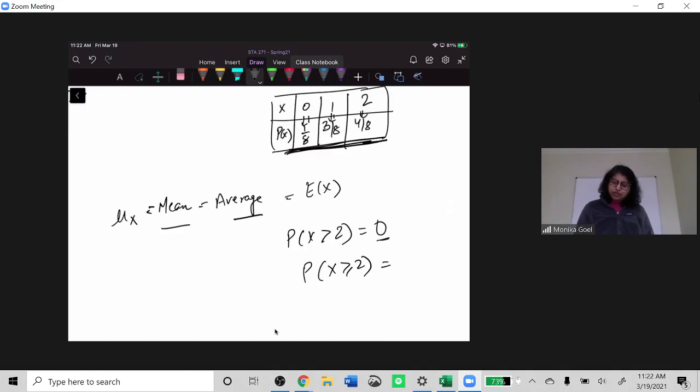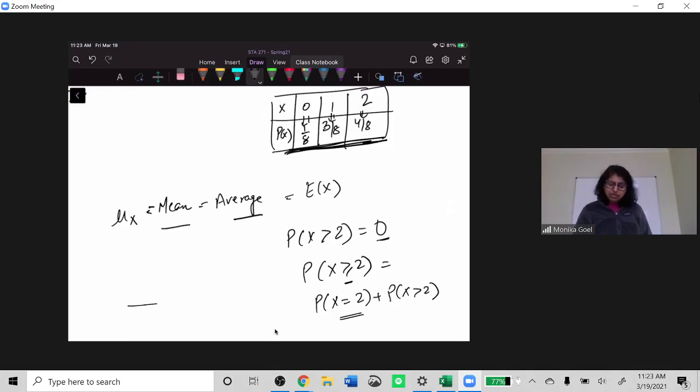So you are looking for the probability of x greater than or equal to 2. So probability of x equals 2 plus probability of x greater than 2. You have the probability of x equals 2 here. So in discrete, the equal sign plays a role.